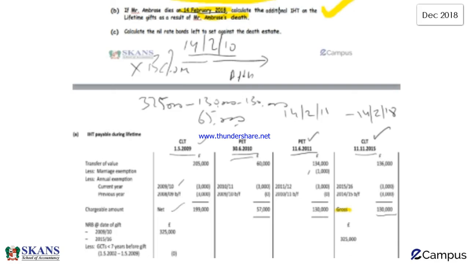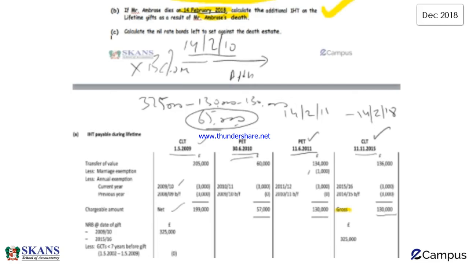But as we have not discussed how to compute the death estate, whatever the death estate of Ambrose would be, let's say if it is 200,000, how are you going to calculate death tax on that death estate? Well, the available nil rate band is 65,000. If it is 200,000, the first 65,000 would be at nil, and the above amount would be taxable at 40%.